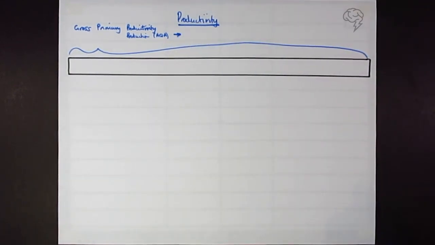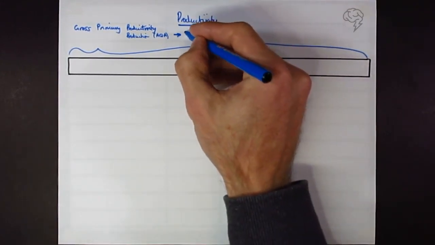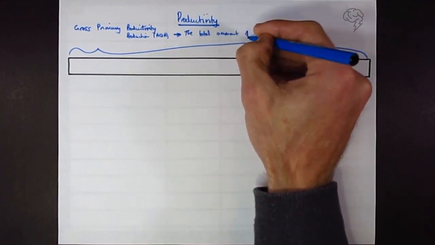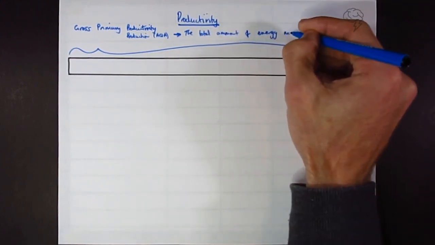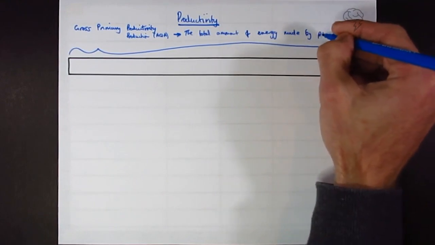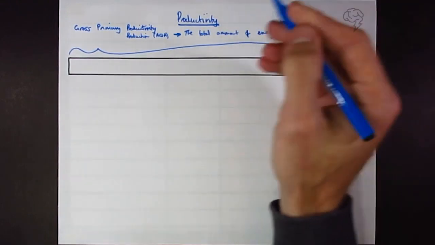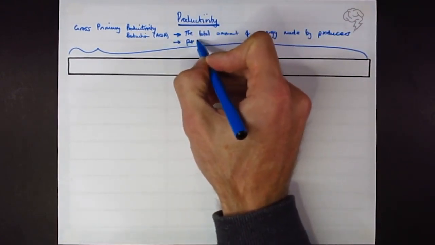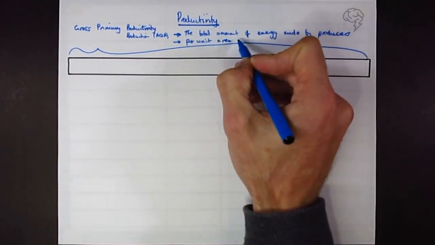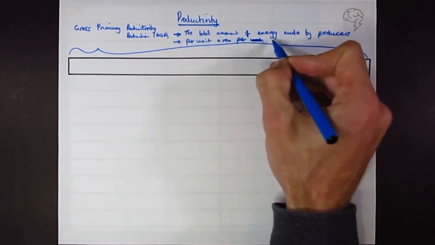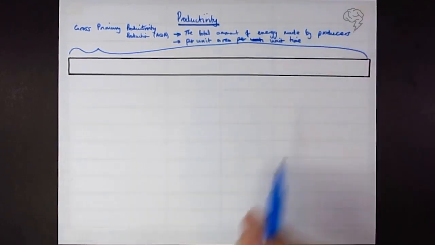So this is the total amount of energy made by producers, and the units are given per unit area per unit time. So the units are given.